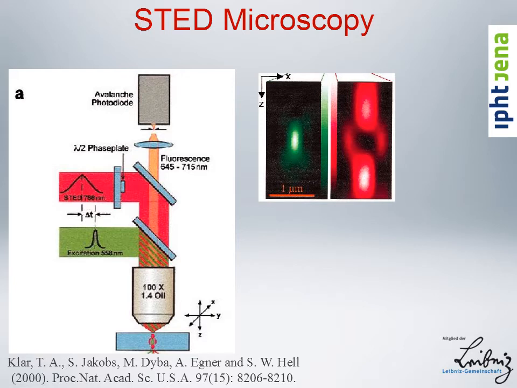Now, the thinking behind stimulated emission depletion microscopy is, instead of trying to directly improve the resolution, what if we had some way to turn off the fluorescence of the molecule while the spot is scanning over it?